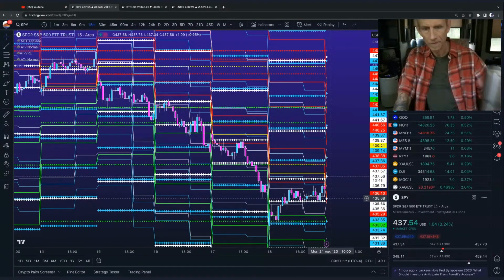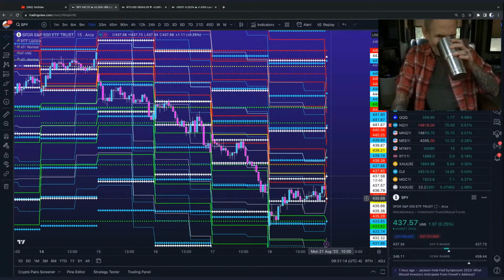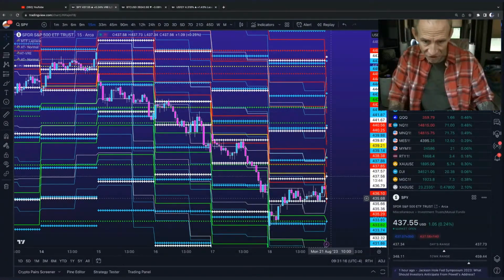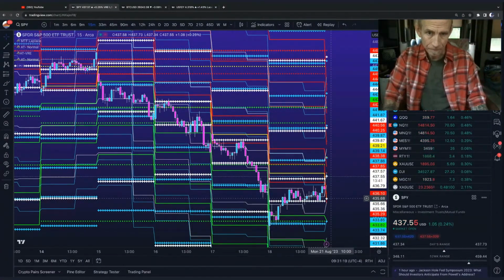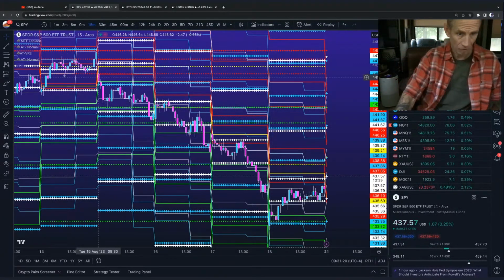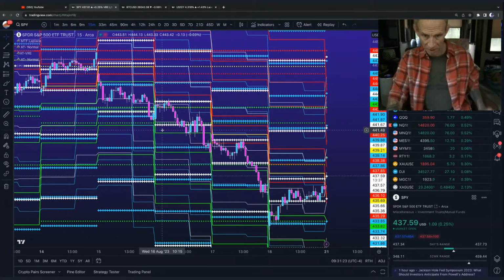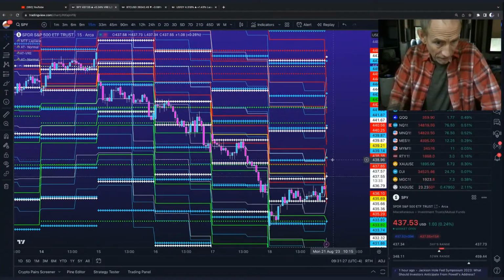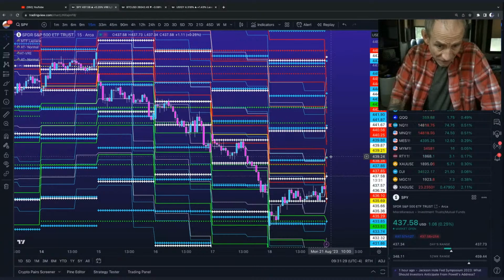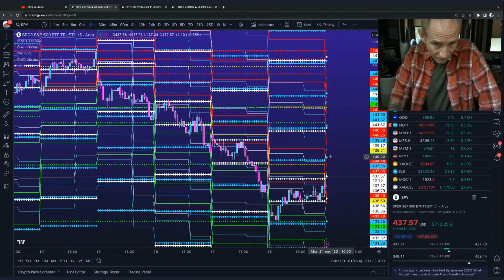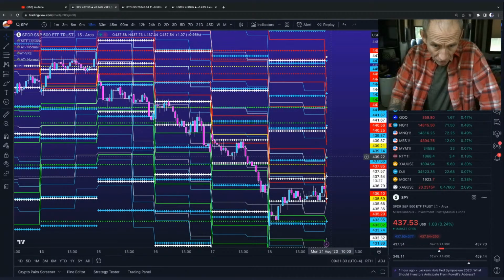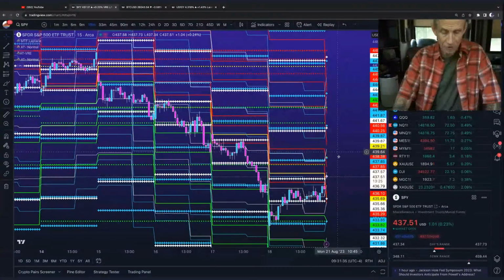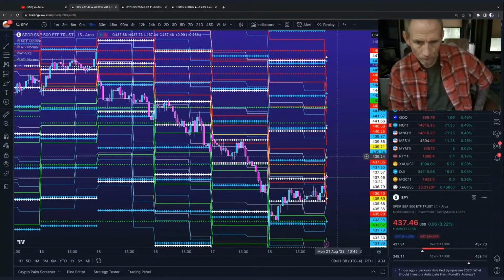But you do got this weekly coming down again. The whole week was just dropping. That is a lot lower than I thought it was going to be. Actually, it's pretty close. I think I said 440. Pretty close.